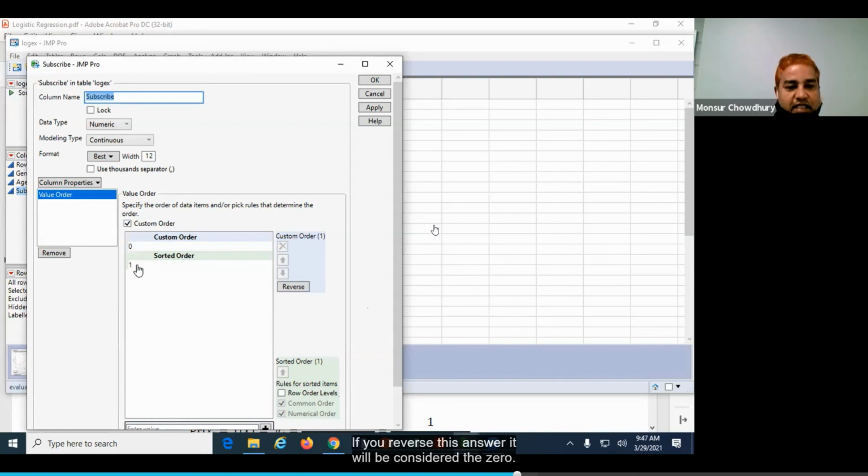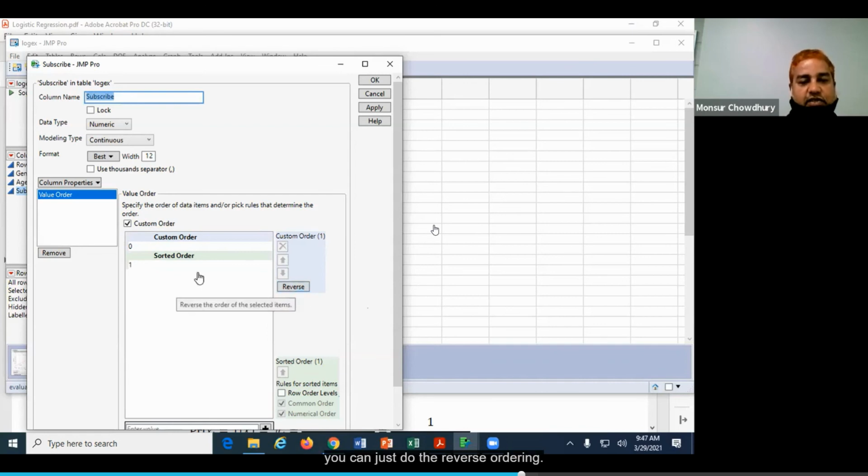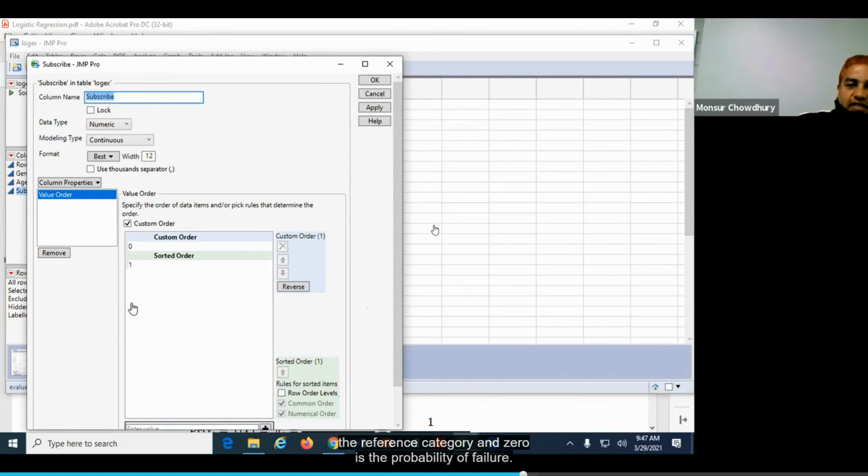If you reverse this, it will consider 0 as the reference category and 1 as the probability of success. But if you want to change it, you can just do the reverse ordering, and then it will consider 1 as the reference category and 0 as the probability of failure. But we would like to know the probability of success, so we just keep it like this.